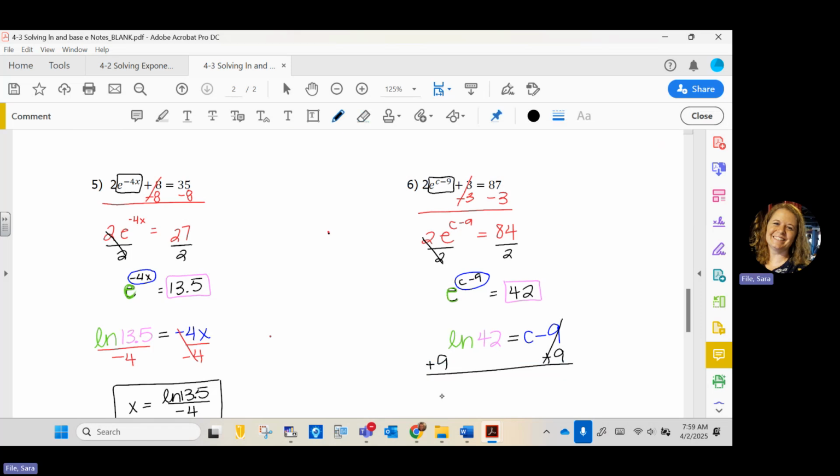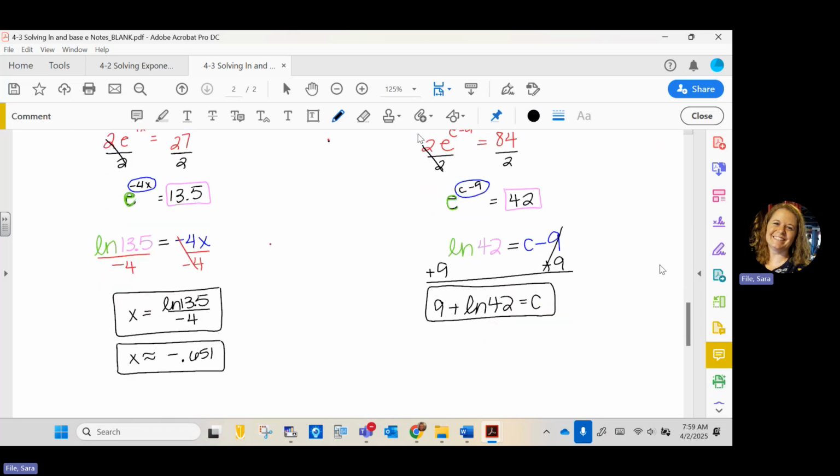So this is 9 plus the natural log of 42 equals c. You could write the 9 on the other side, but I would definitely use parentheses if you do it this way so you know the 9 is outside. And that comes out to approximately 12.738 if you round.